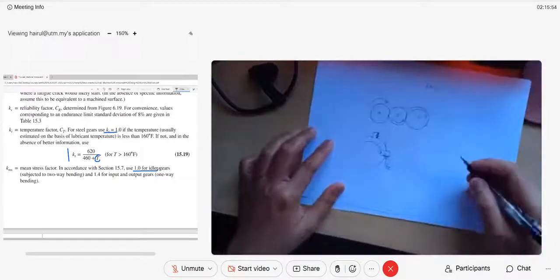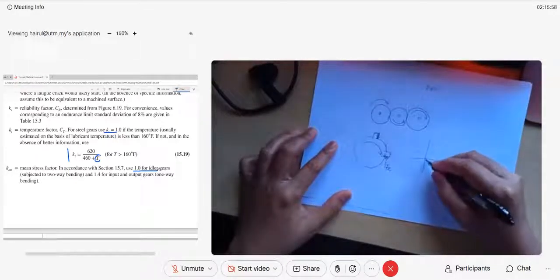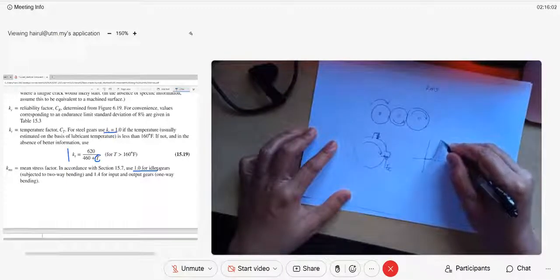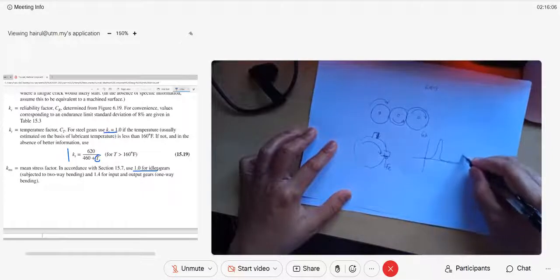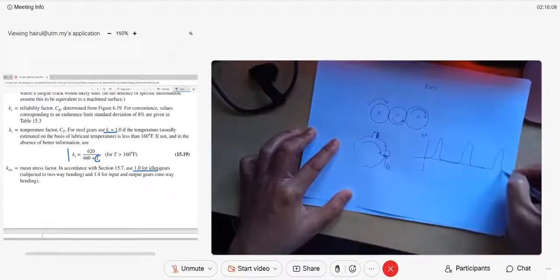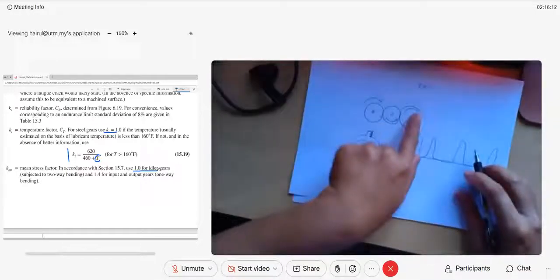If you plot the bending stress, it becomes like this, only in tension, positive only. Sigma bending, right guys? Like that only. That is for the input gear.